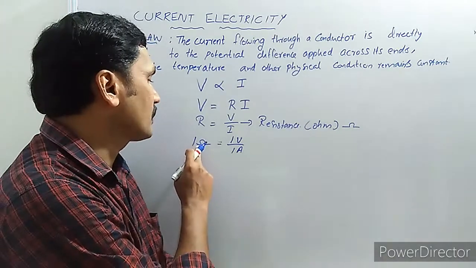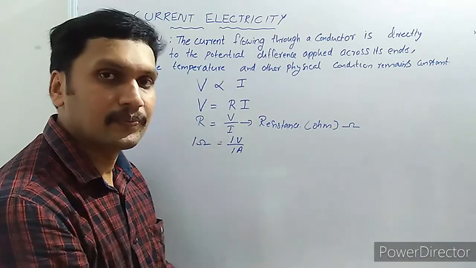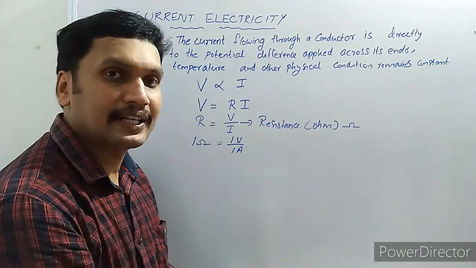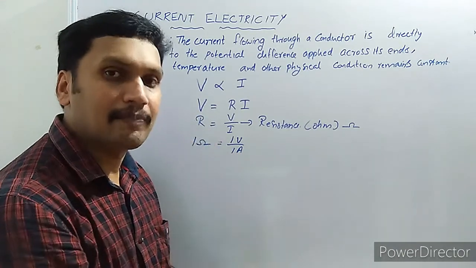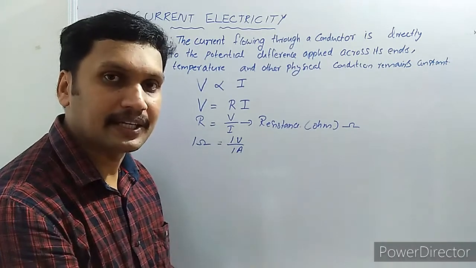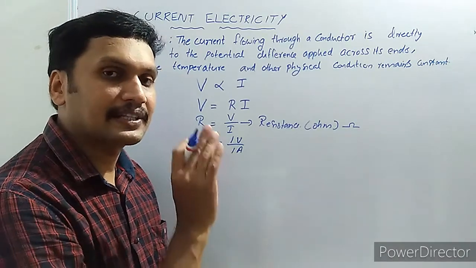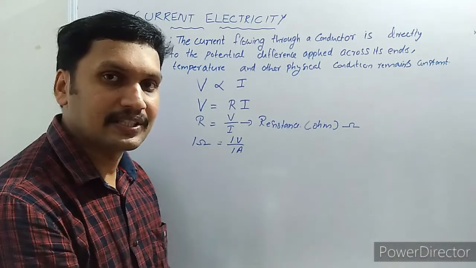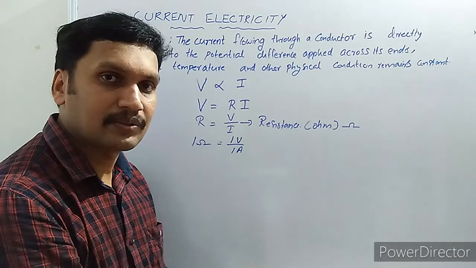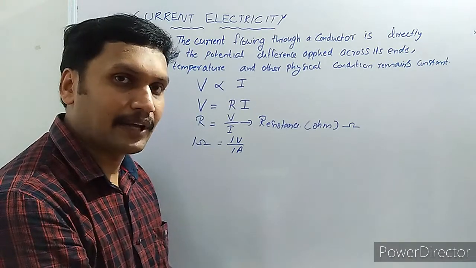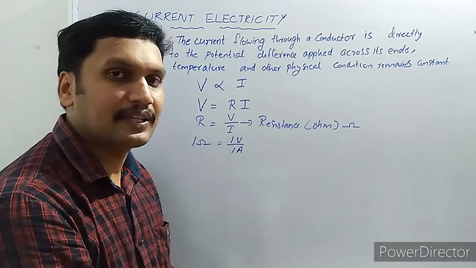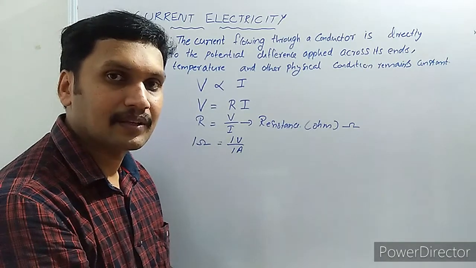So the resistance of a conductor is 1 ohm if 1 ampere current passes through that conductor by applying a potential difference of 1 volt between its ends.